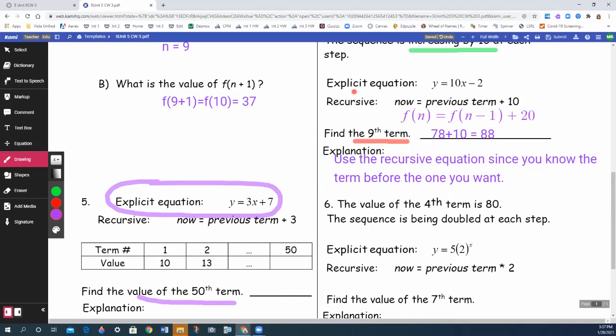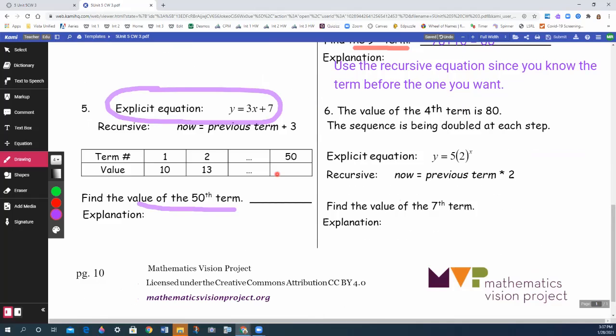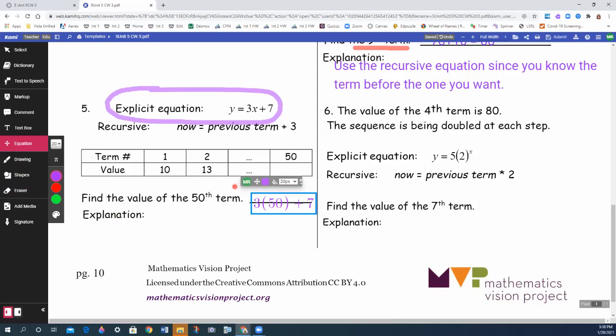And up here, I should have circled this. I am going to use my recursive. That's what I'm going to use here. Okay. So for this one, let me just get rid of this. So I am going to be taking 3 times 50 and adding 7.